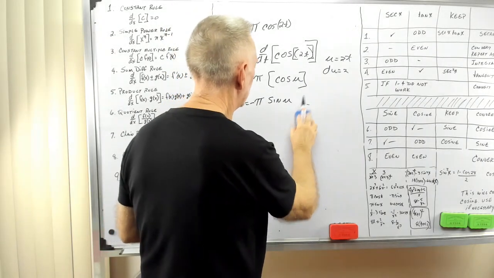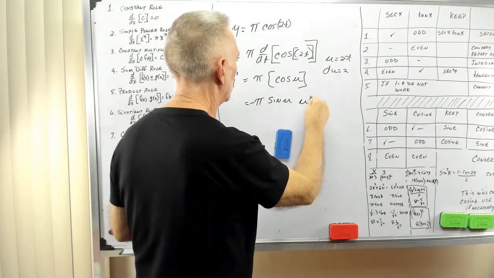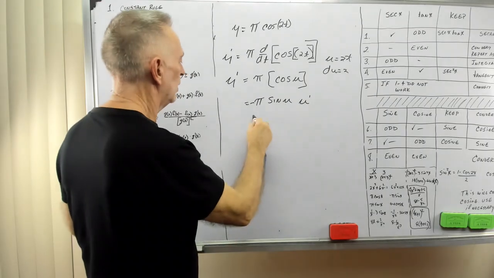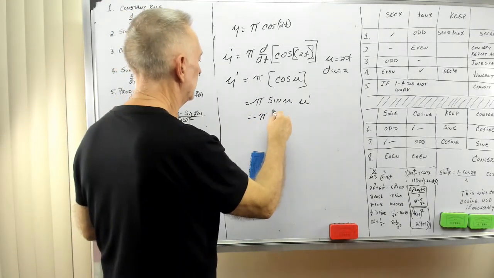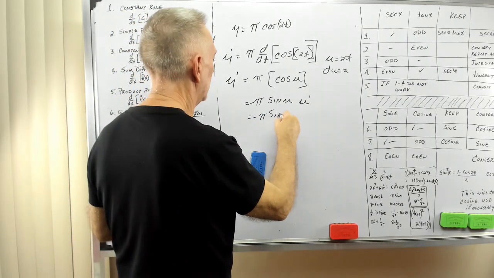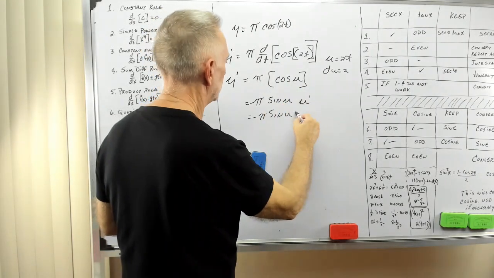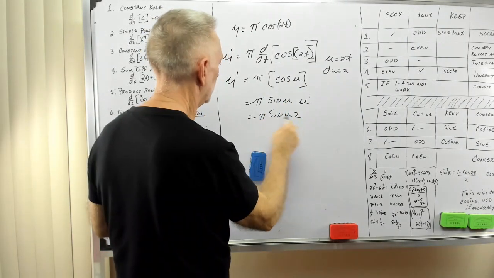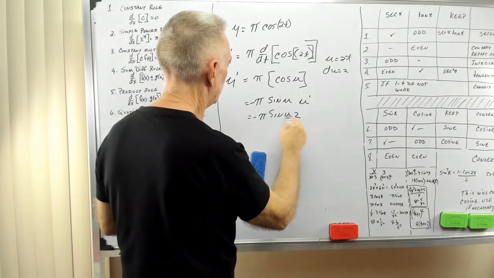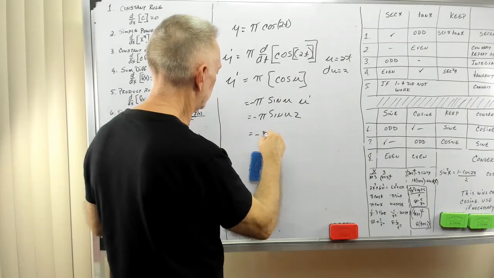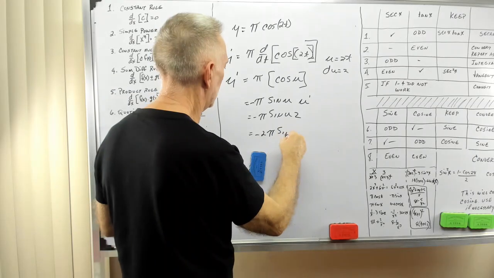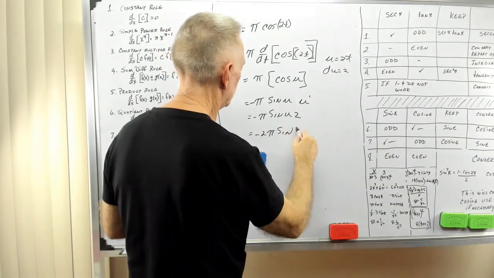So I would have sine u, we'll call it u prime. So minus pi sine u times 2 would be my answer. So I end up with minus 2 pi sine u, which was 2t.